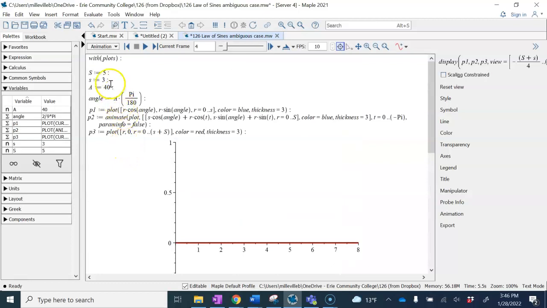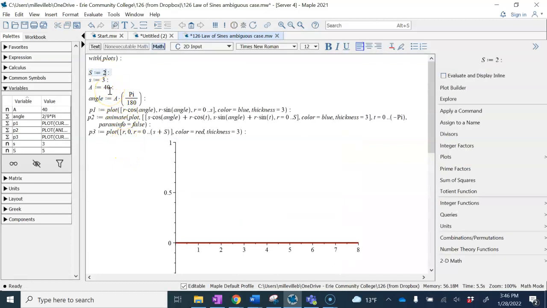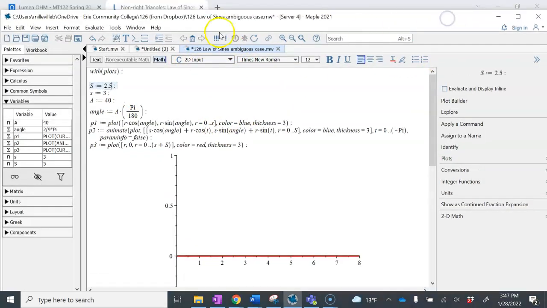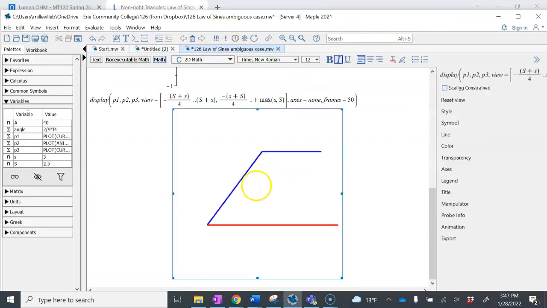Now, I'm going to change one number in this file, and then I'm going to reload it and look at that picture again. Now I've changed that side length so it's a little shorter, and now if we play this forward a little bit, we notice we can get one triangle there.